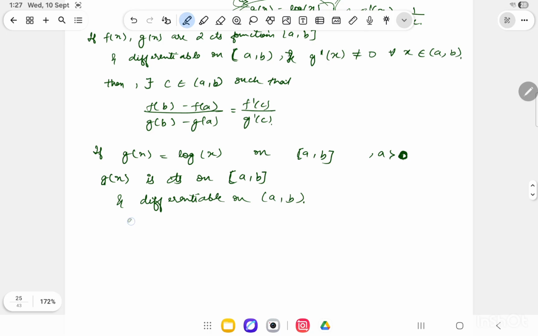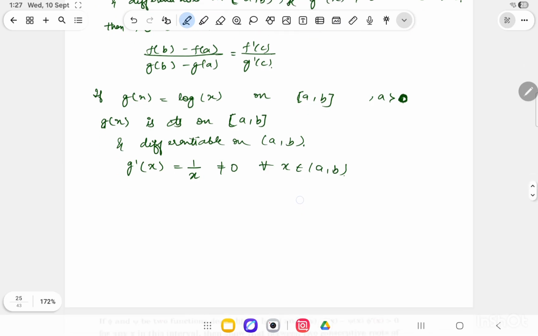Also if I take the derivative of g with respect to x, I'll be getting 1 by x, and it is not equal to 0 for any x in between a comma b. So from there I can see that my necessary conditions for applying Cauchy's mean value theorem are satisfied.